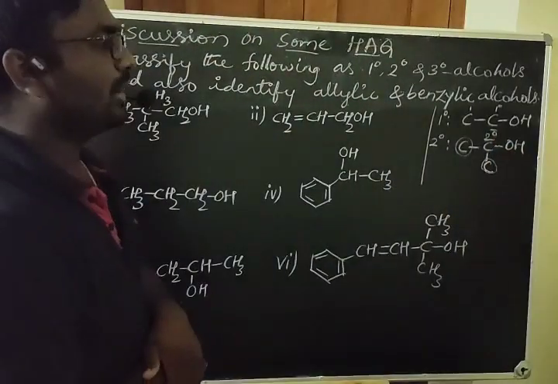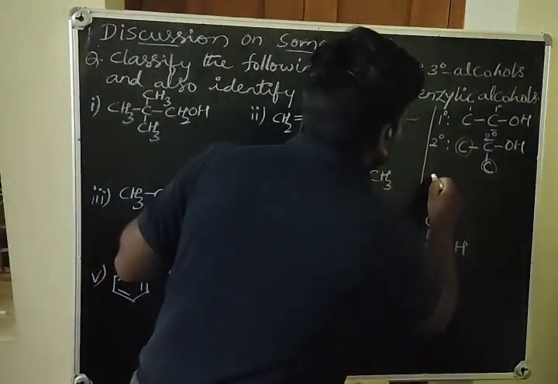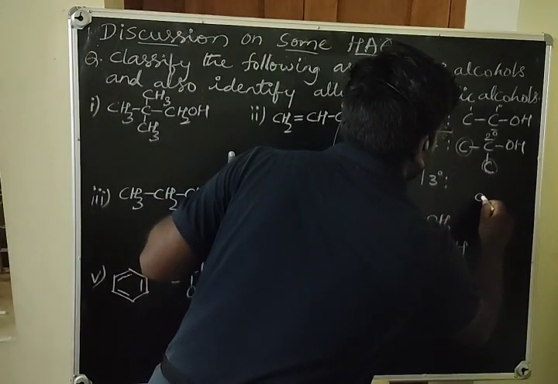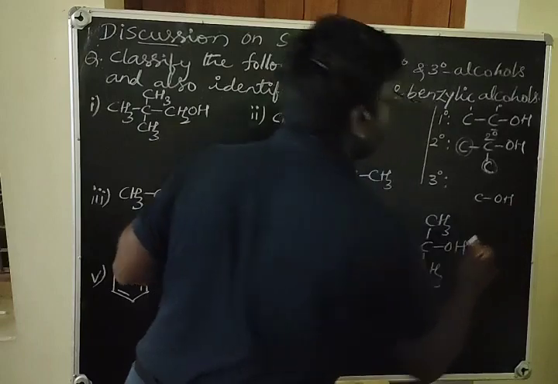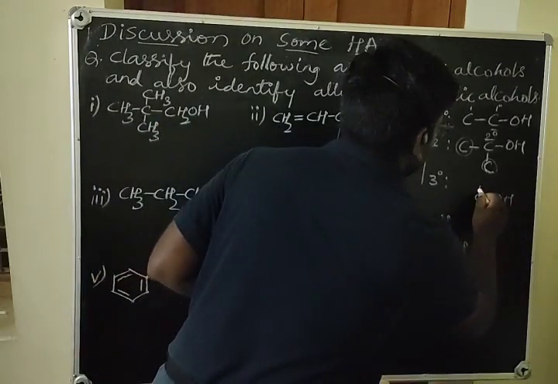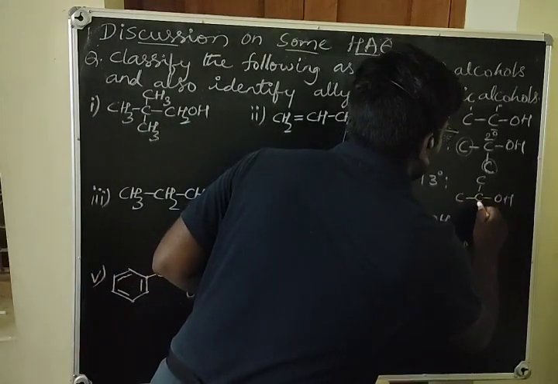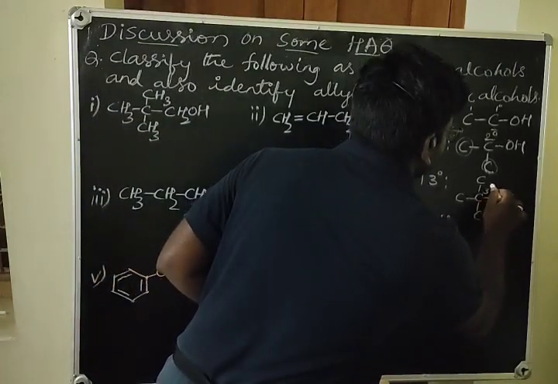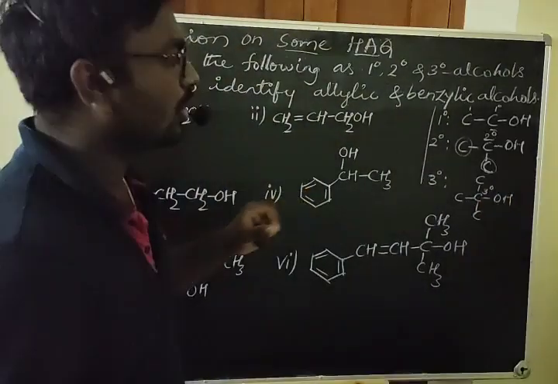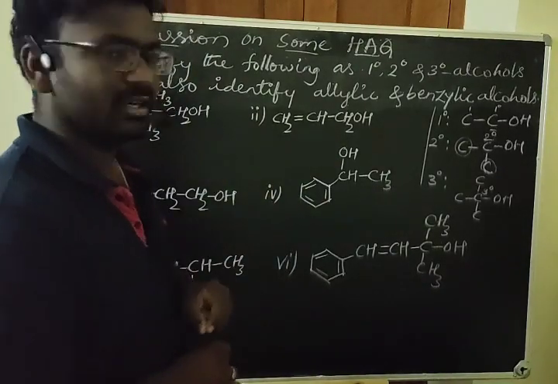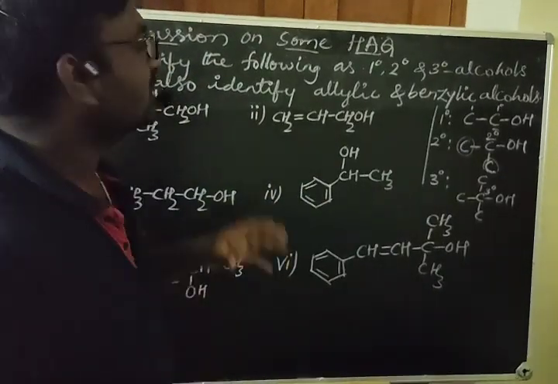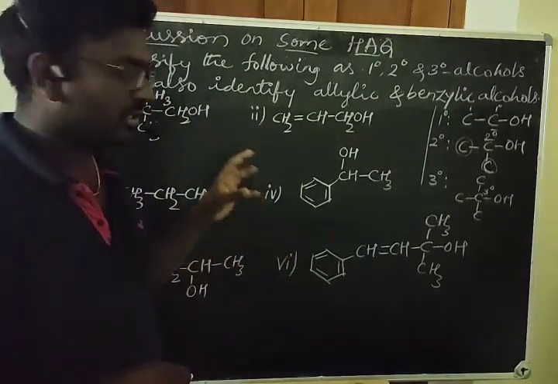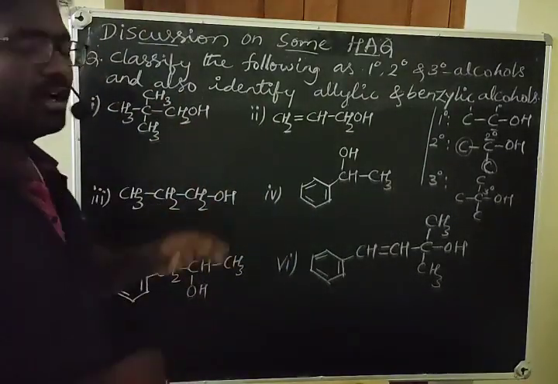Now, how to find the tertiary? It's also simple. If the carbon holding the OH group is linked to three other carbon atoms, we call it tertiary, and the alcohol is a tertiary alcohol. Let us find the primary, secondary and tertiary alcohols in the given compounds.